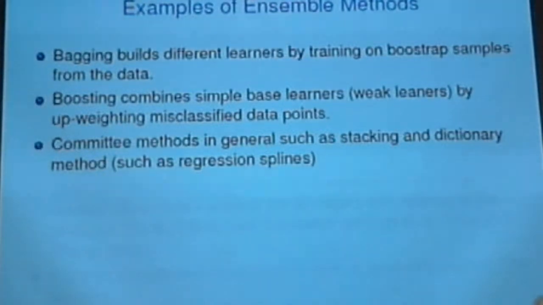And there are some other ensemble methods, but usually these are the three mentioned in ensemble learning. Committee methods mean voting, right? So this is a general result as well. Committee methods in general, such as stacking and Bayesian model averaging, we're not going to cover.